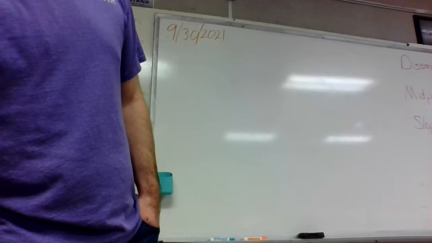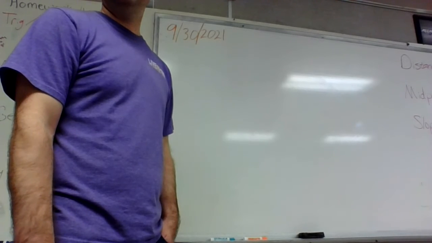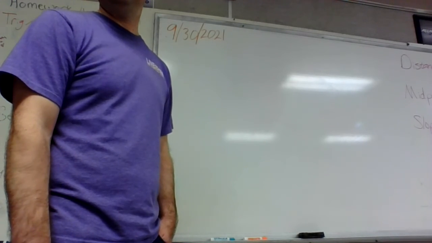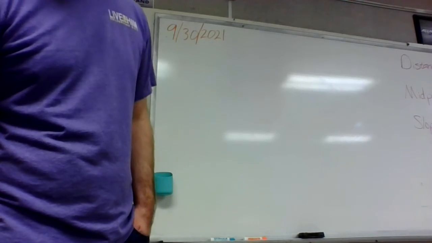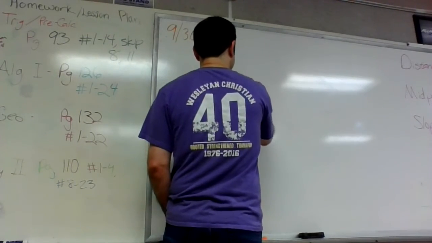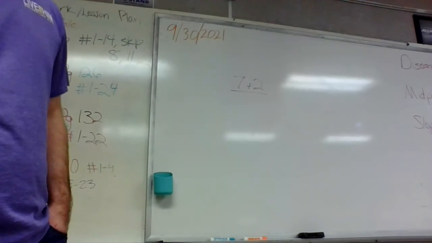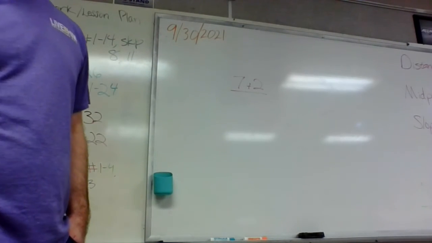All right, number 17 is 7 minus negative 2, or 7 plus 2. And since I did 7 first, I need to do negative 1 first.